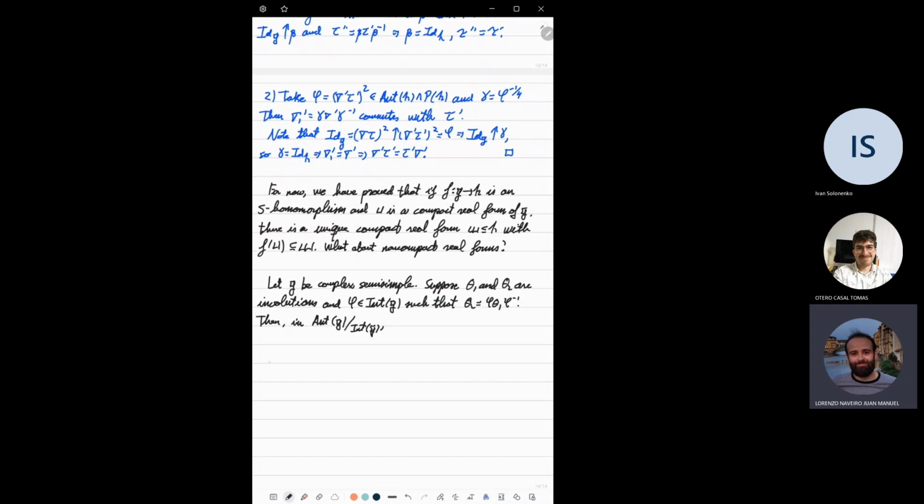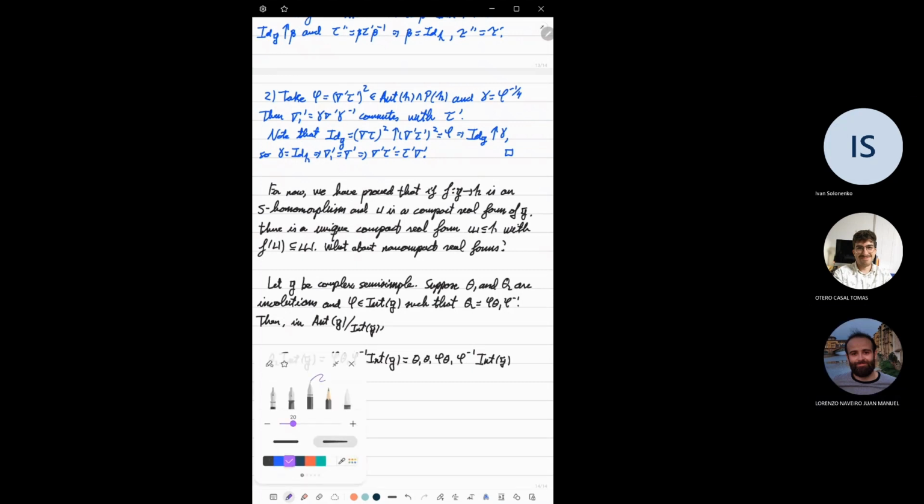This is because if we take theta 2 and its corresponding coset, this is equal to phi theta 1 phi minus 1 into G, or equivalently, this is equal to theta 1 phi theta 1 phi minus 1 into G.